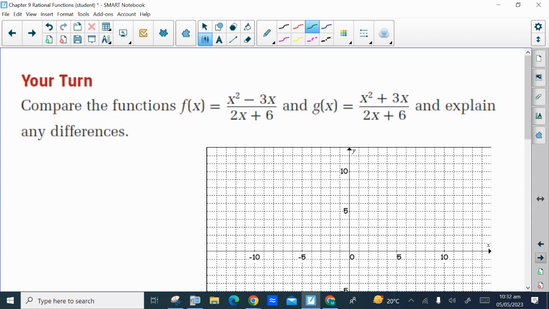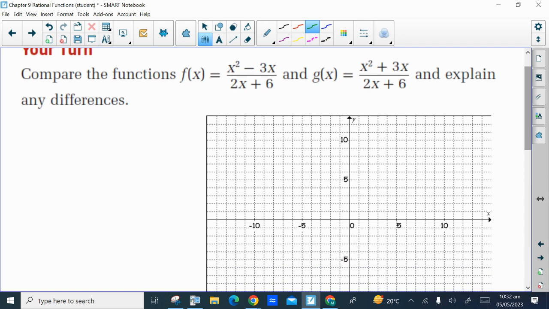So we'll do the same thing for this question. To know whether we have a point of discontinuity or a slant asymptote, we will simplify each expression. So for F, on top there's a common factor of x to take out. On the bottom there's a common factor of 2. X plus 3 and x minus 3 are not the same. They can't cancel.